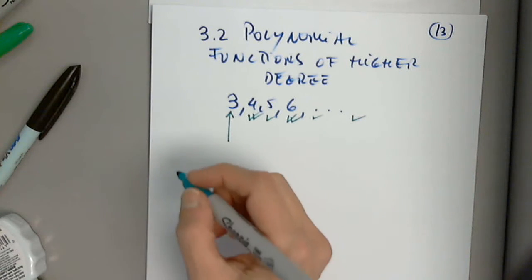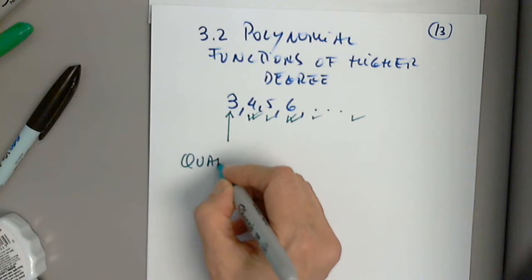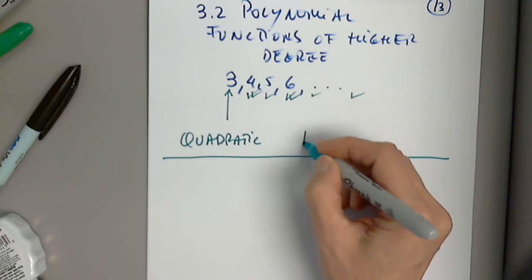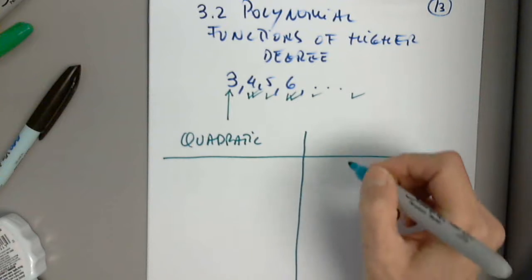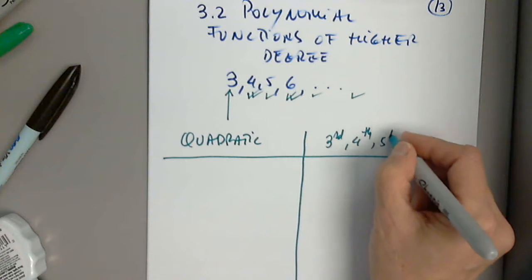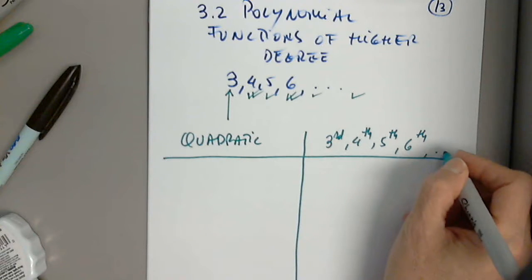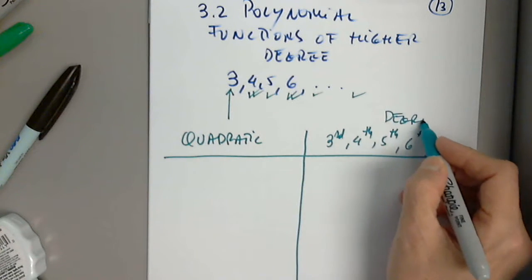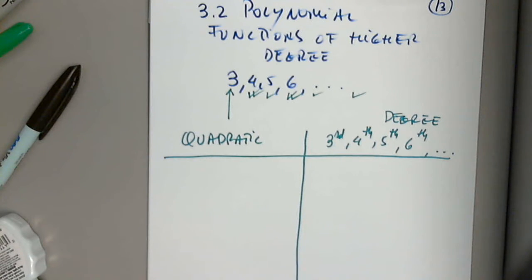Okay, so if you remember for quadratic, I want to work on it by comparison with third, fourth, fifth, sixth, and so on degree, because I would like you to understand the difference.